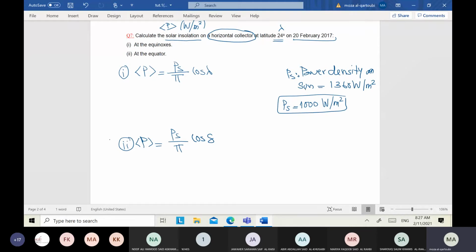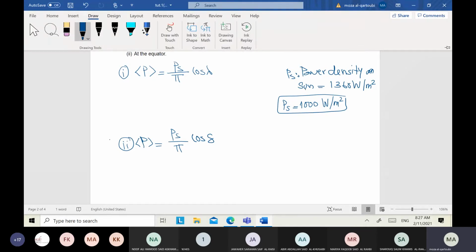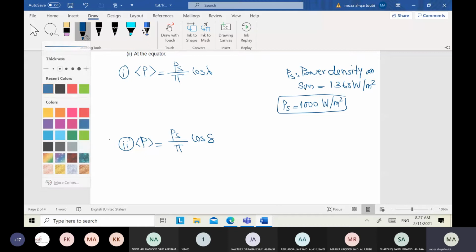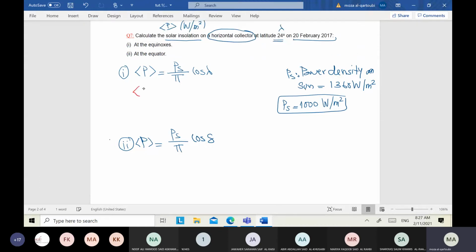Okay, so now you can find the two values directly. In case one, the insolation will be PS, where PS is 1000 watt per meter square, over pi, and cosine of lambda, where lambda equals 24 degrees. Find the solar insolation. Now pi in this case equals what?